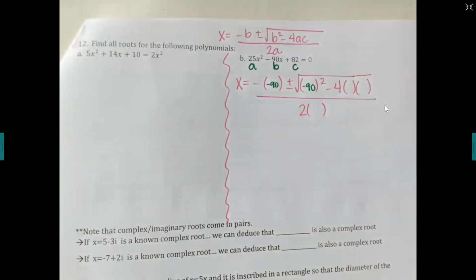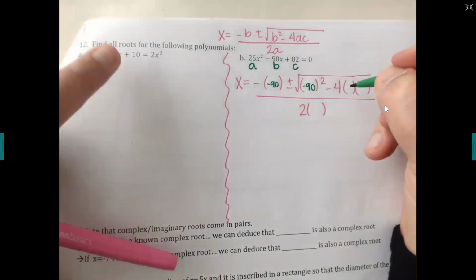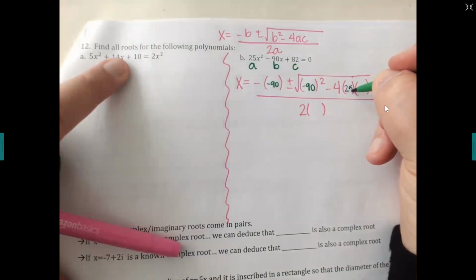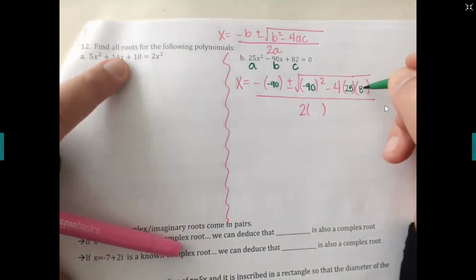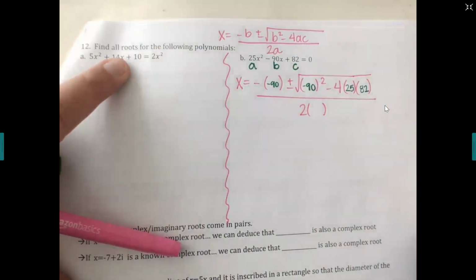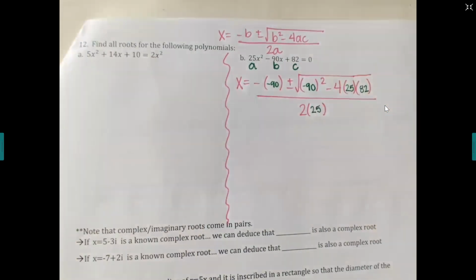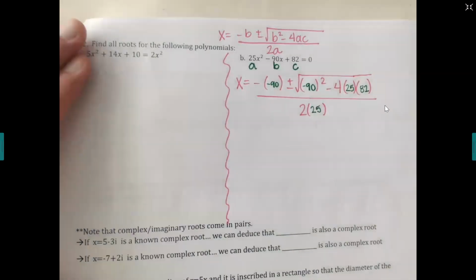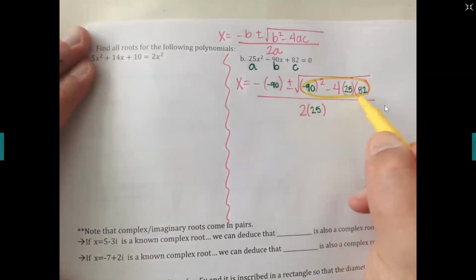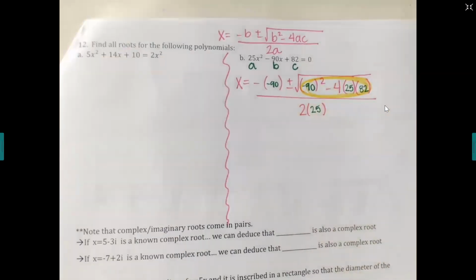Next one I want is AC. My A is a what? 25, and my C is an 82. And then on the bottom, I want another 2A, which would be a 25. What part of that do you put in the calculator? The part under the square root. Should you also put the square root? No, because if it's negative, it's going to give you an error.